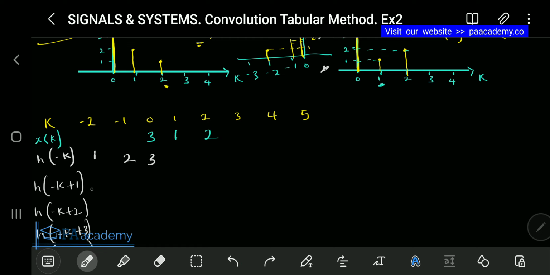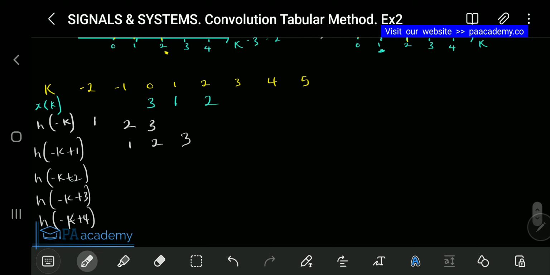Alright, so if you shift this now by 1, that means we shift h of minus k to plus 1, we're going to be having it as 1, 2, 3. Are we good? So let's also shift this by 2. That means we are going to be having 1, 2, 3.